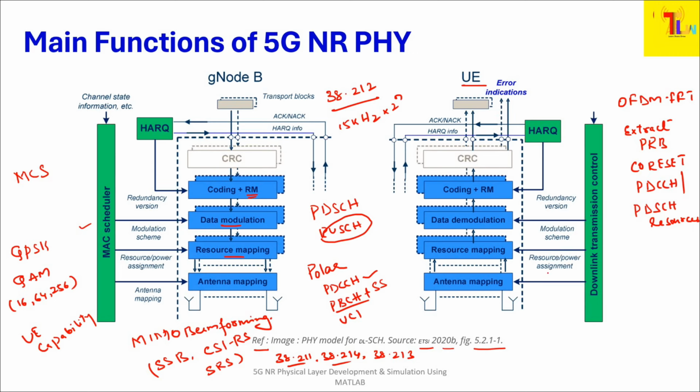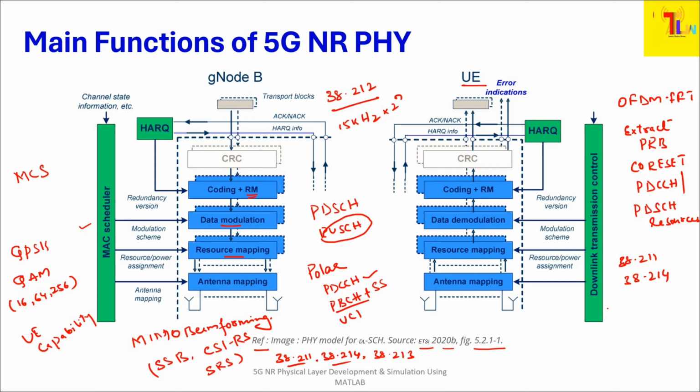So when we talk about channel estimation, we are going to use the DMRS, PBCH DMRS or the CSI-RS to build the equalizer coefficients. DMRS and PTRS placements are going to be mentioned in 38.211 and 38.214.